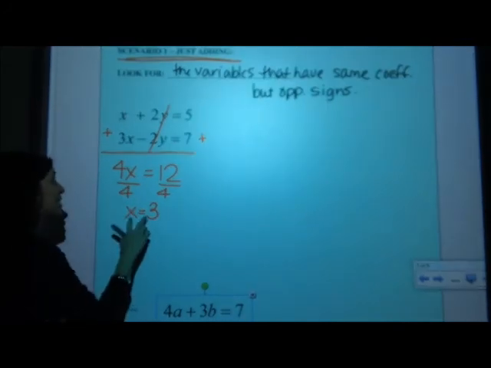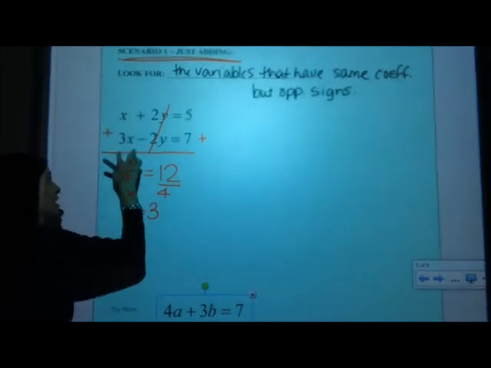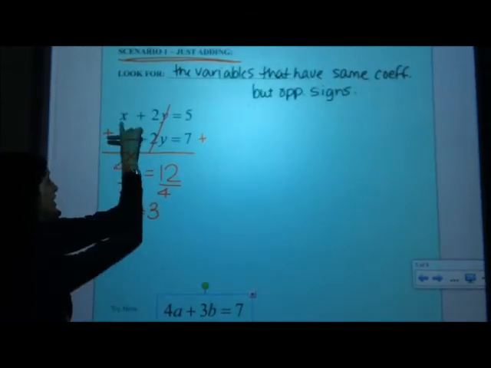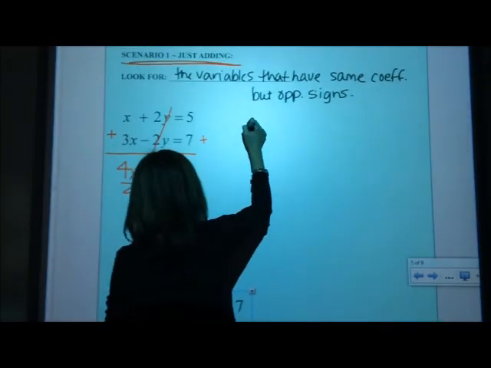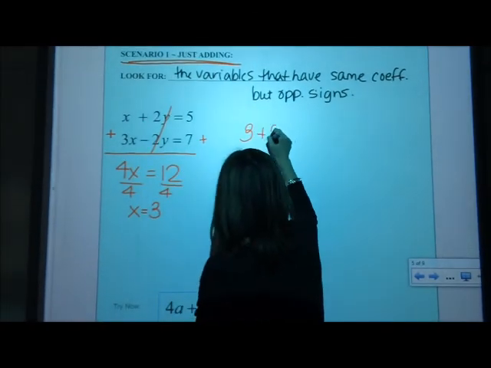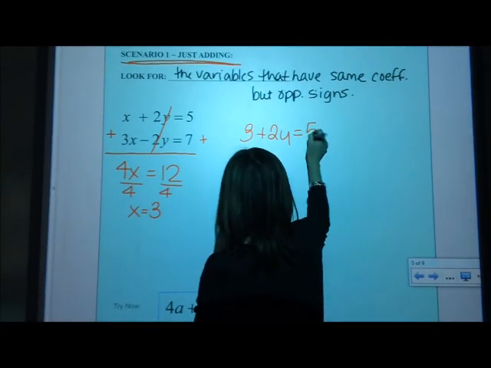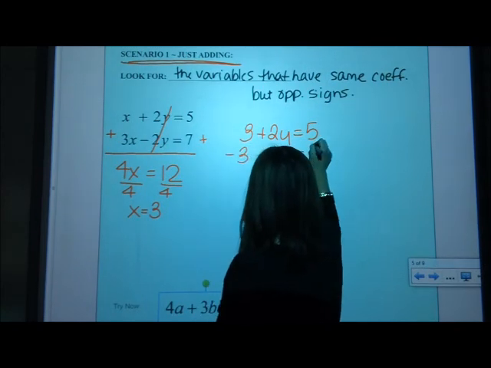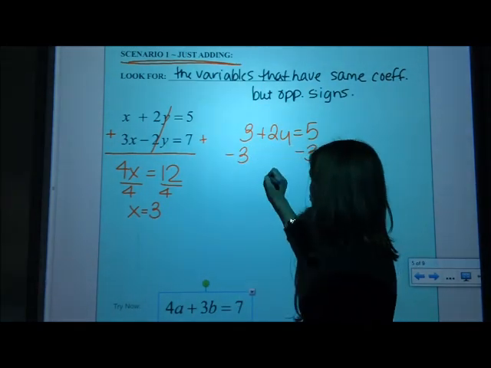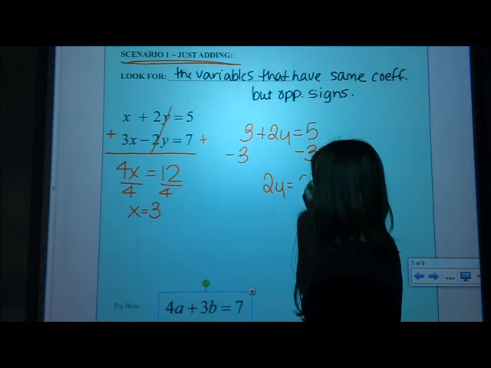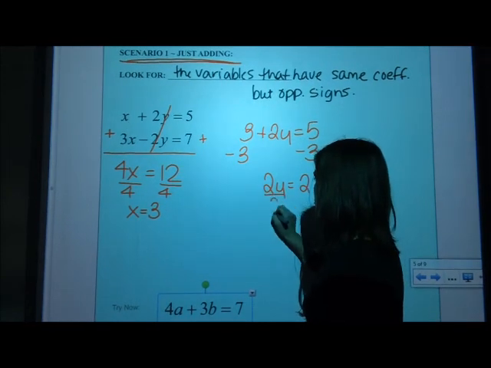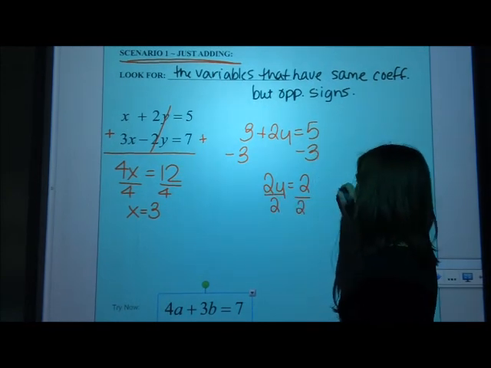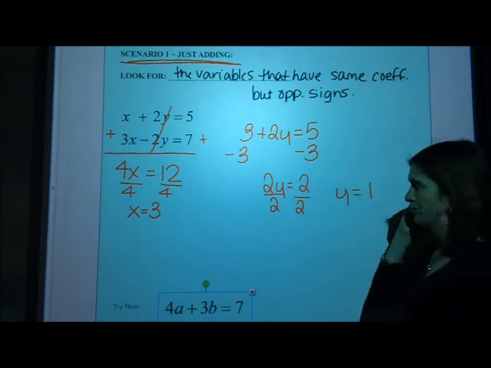I take x and I substitute it back in to either one of the equations. It's easier in the first equation, so I'm going to put in 3 plus 2y equals 5. Subtract 3 from both sides. So we get 2y equals 2. Divide by 2 on both sides. So y equals 1.